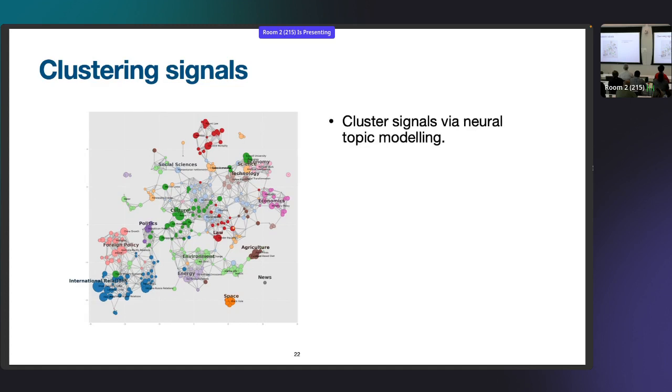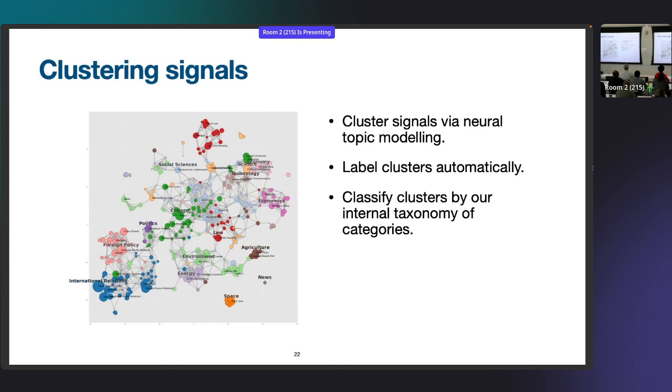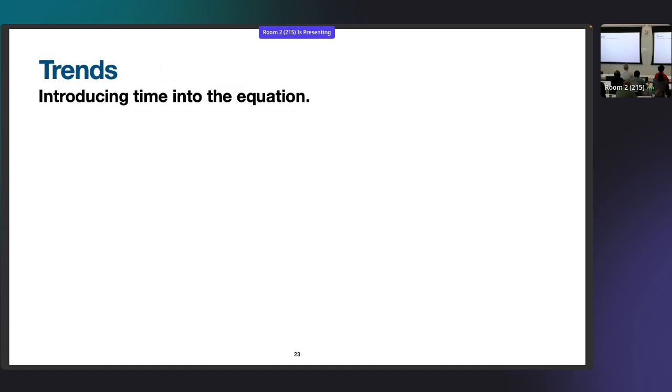We do this via neural topic modeling, and we label the clusters automatically, still using generative AI, and classify the clusters by our internal taxonomy of categories.